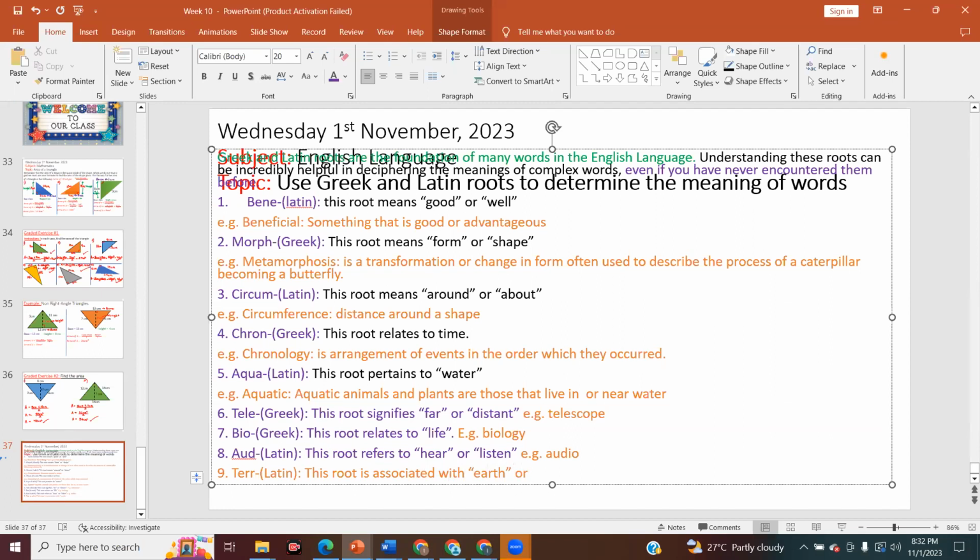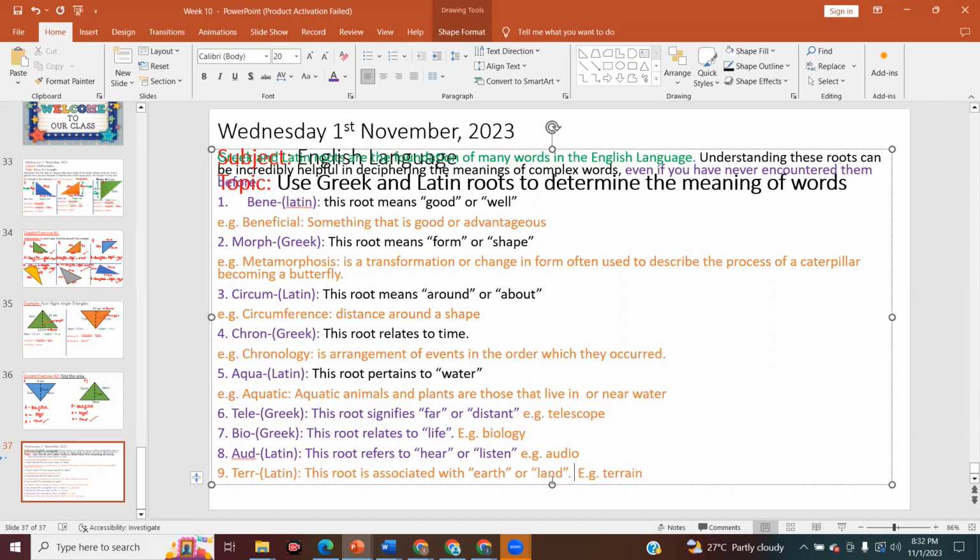Give me an example of a word like that. Terraform. Terrain. Very good. Terrain. Terraform. I was going to say terrestrial. Terrestrial. Okay, so an example of this would be terrain. All right, terrain.